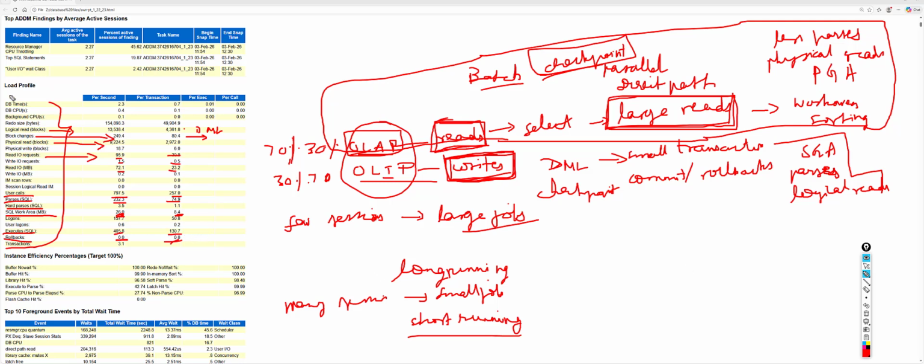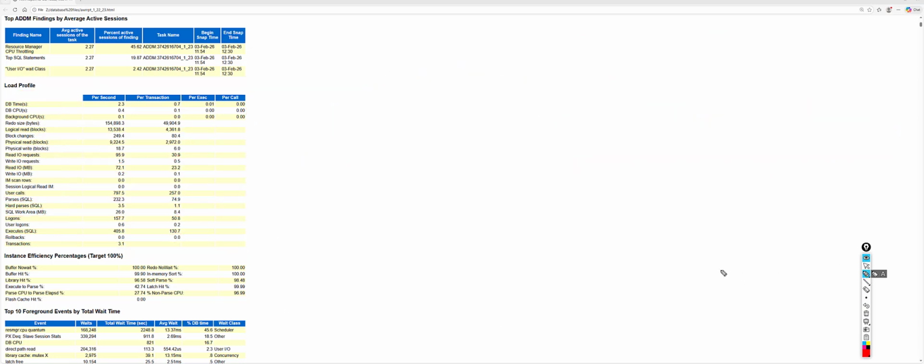So this load profile is just for your understanding, whether it is an OLAP system or OLTP system, but still every DBA may have a different style of interpreting this information. I am focusing specifically on the type of systems, like OLAP or OLTP. You also need to check these sections based on the issue.